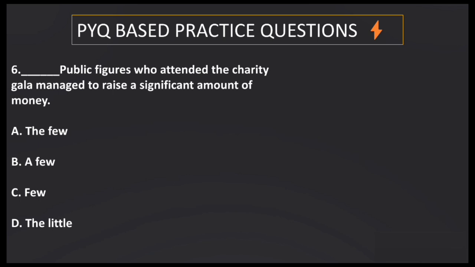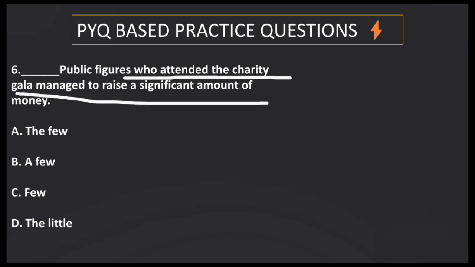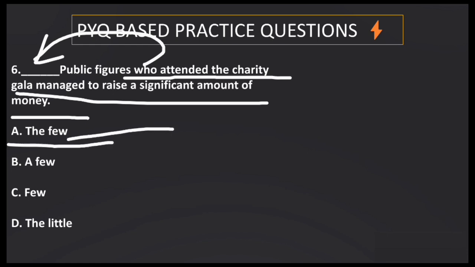If we look at the relative pronoun who and the complete sentence, the relative clause who attended the charity gala managed to raise a significant amount of money, this who indicates a specific group of public figures which is definite and specific. And when the matter of definite and specific comes up, we should use the few because it deals with specificity, something definite.